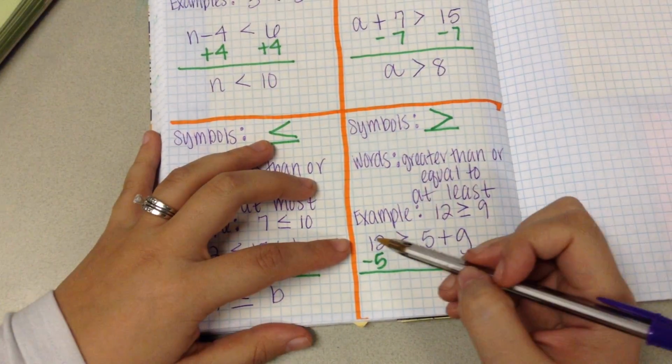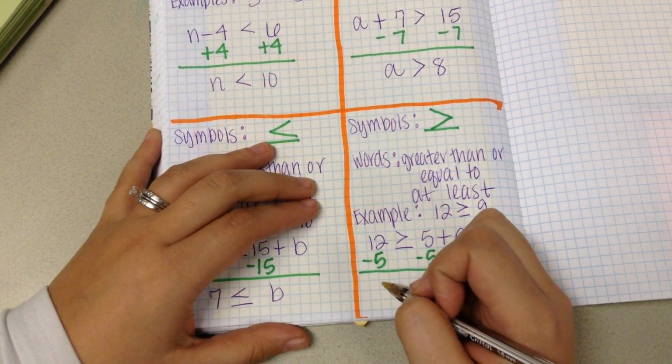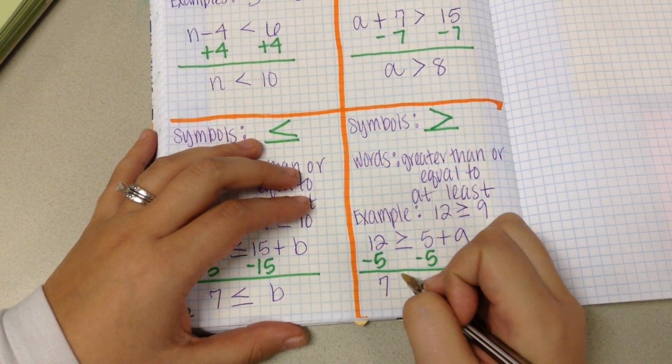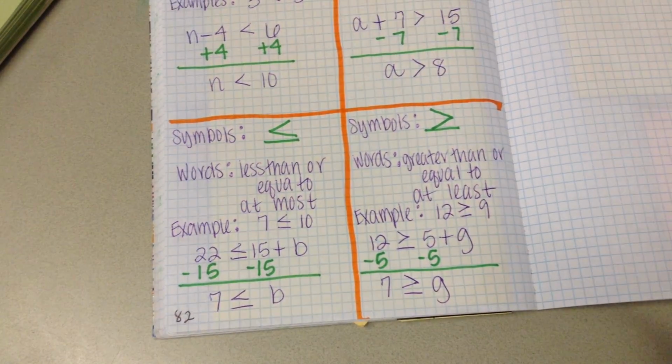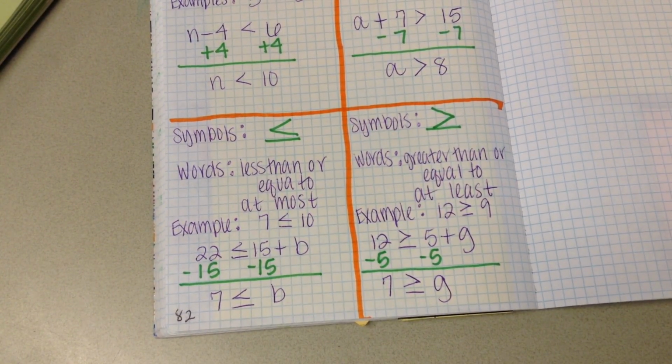So we can subtract 12 minus 5 is 7, is greater than or equal to G. Okay? So these are your notes, and make sure you copy everything down. Thanks.